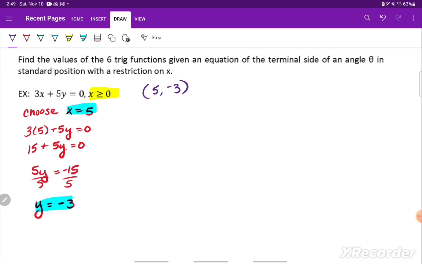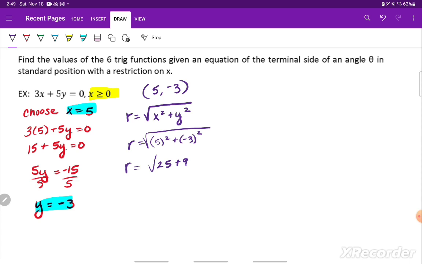Next, we need to find our r value. And we're using the fact that r is equal to the square root of x squared plus y squared. That'll be the square root of 25 plus 9. r is equal to the square root of 34.